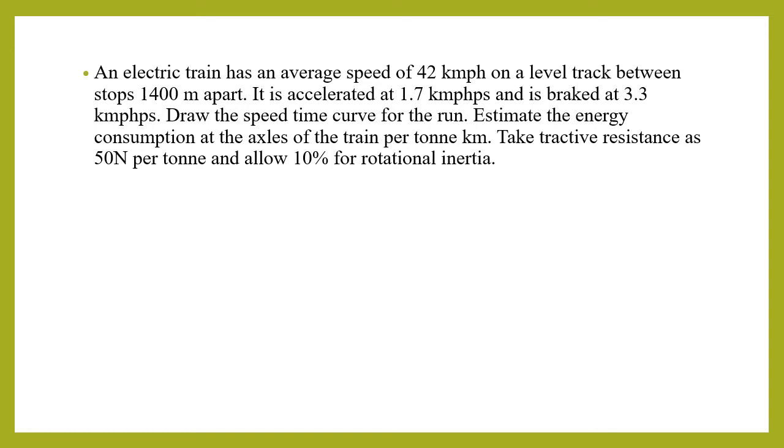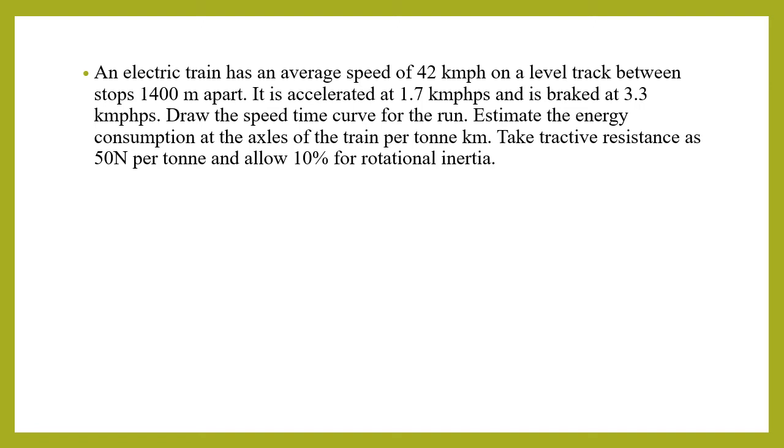Draw the speed time curve for the run and estimate the energy consumption at the axles of the train per ton kilometer. Take tractive resistance as 50 Newton per ton and allow 10% for rotational inertia.